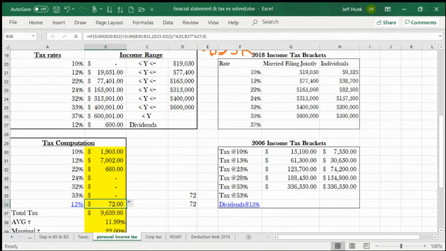Next, the next thing is our dividend. Previously, dividend income, capital gains income, was all subject to 15%, but after 2018, it is subject to 12%.